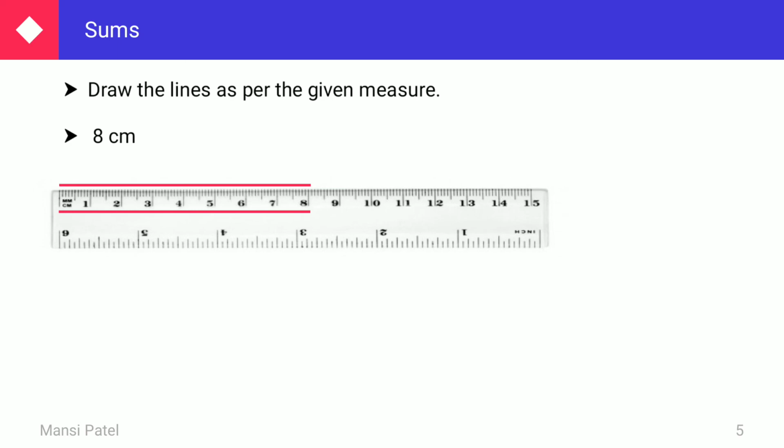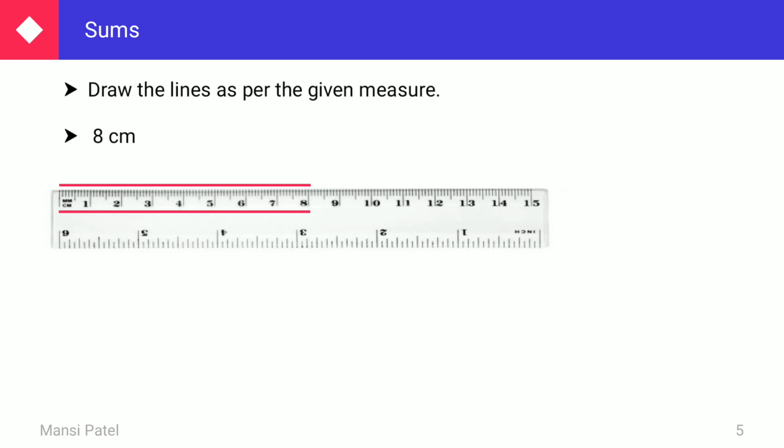Please keep some points in your mind. Always you have to draw a straight line, and whenever you draw the straight line, always use the pencil and scale.